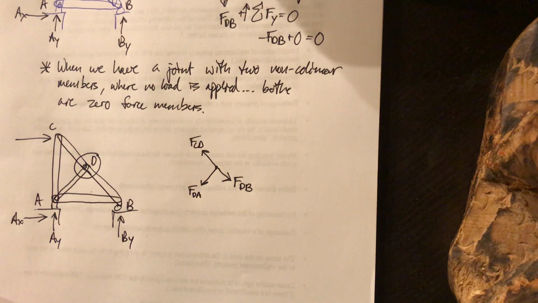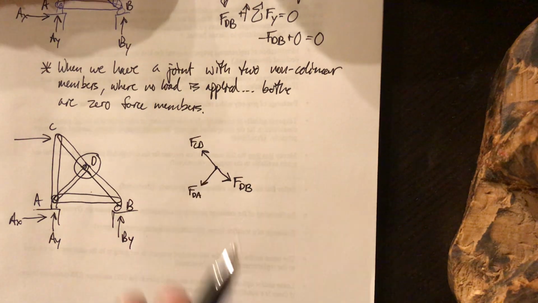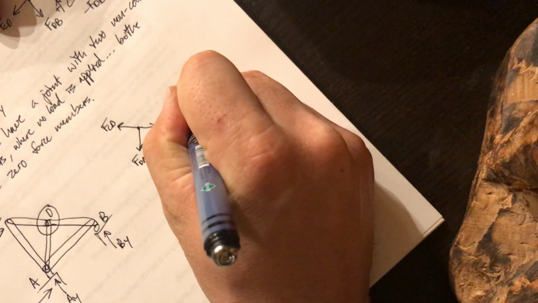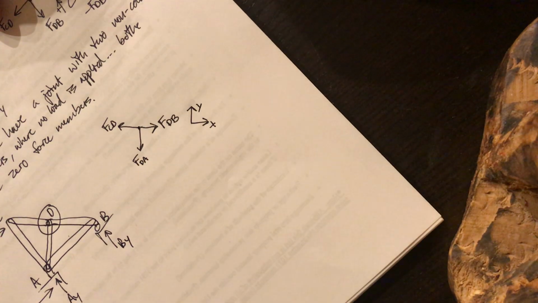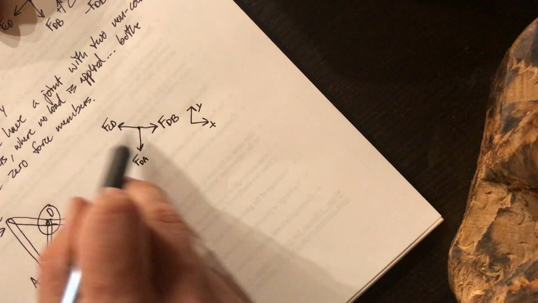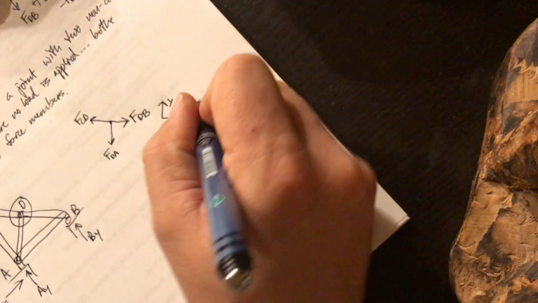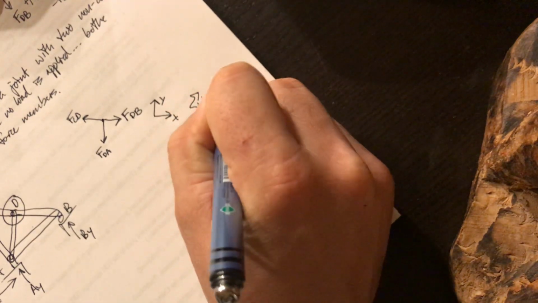Okay. So we're going to do a little bit of a trick here that's going to help us think about this a little more straightforwardly. Right now you can see this is at an angle. Let's go ahead and rotate it so that our X and Y axes are like this. Okay, so now FCD and DB are in the horizontal and FDA is vertical. So now if I write my force summations, the sum of the forces in the X direction is equal to 0.